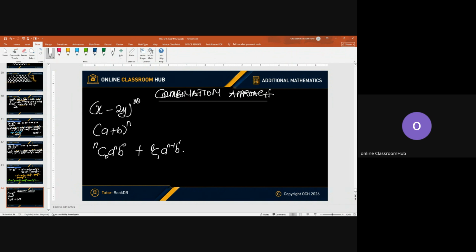The same principle, the only thing is that the combination will give us the coefficient. Plus n combination 2, a raised to the power n minus 2, b raised to the power 2, etc.